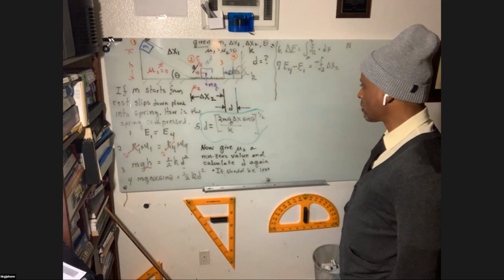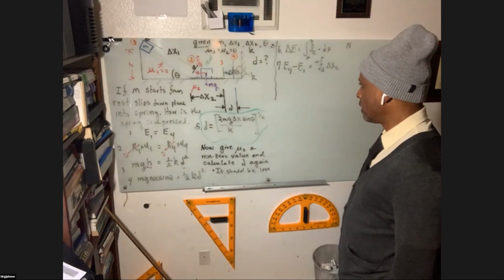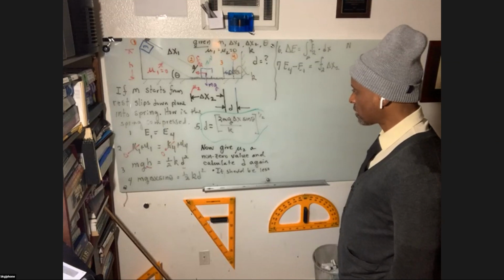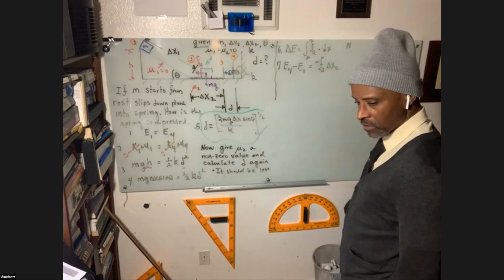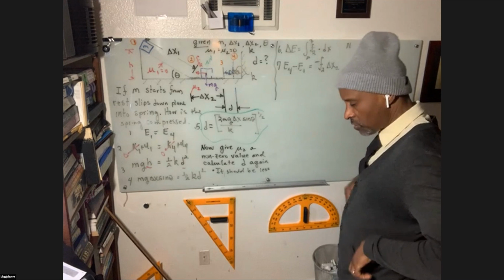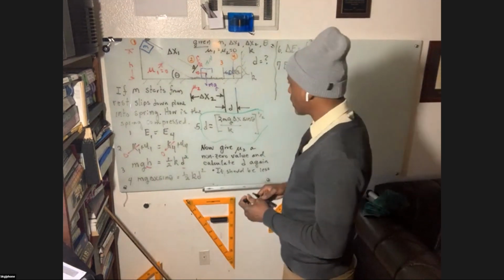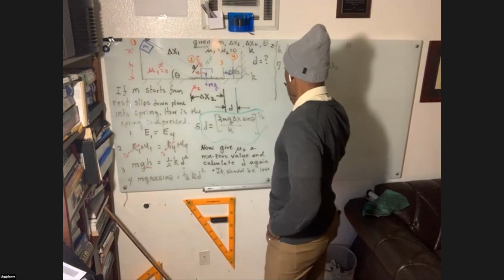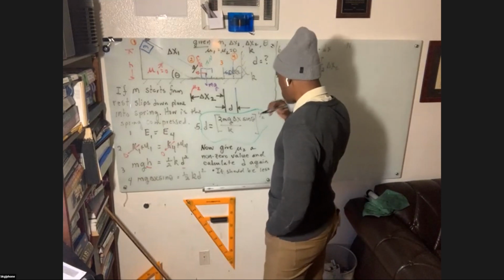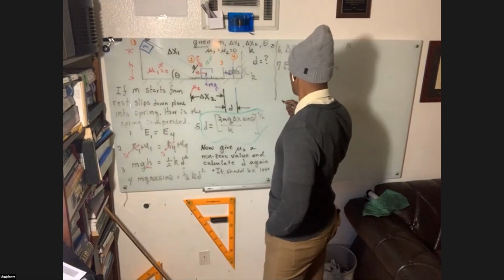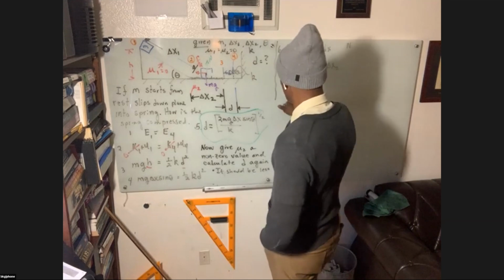I mean, we could put in some numbers too. Let's say you have a spring constant of, let's just do that real quick, just to give you an idea. So a spring, so mass of 5 kilograms.